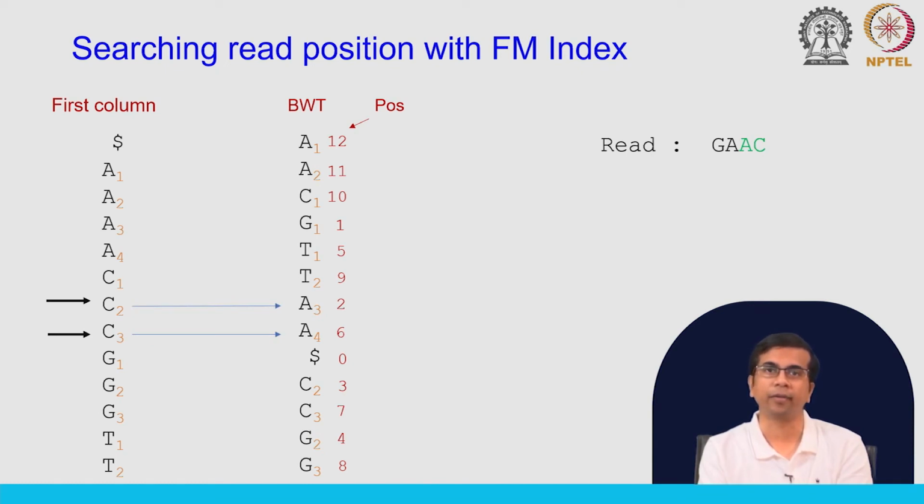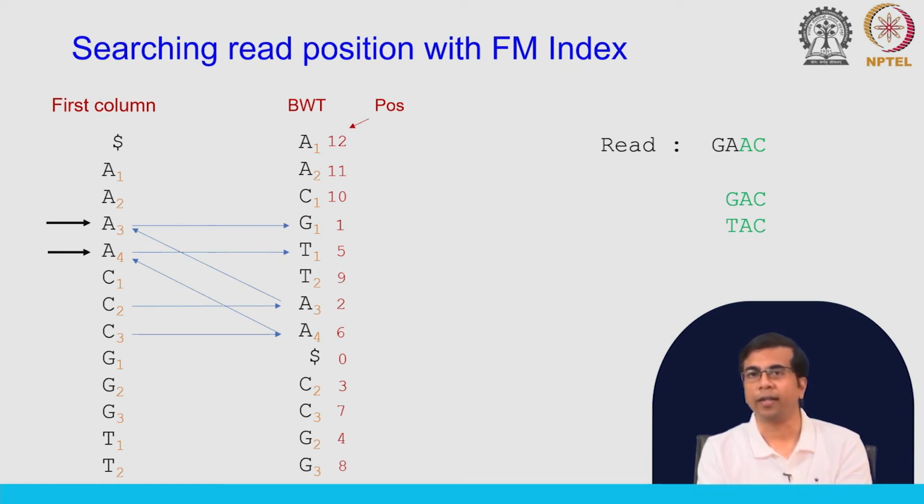So, we have A's and there are 2 matches now, and we use last first mapping, the pointers you can see now moving, and we have this A3 A4 in the first column, and then we look for the letter that occurs before these A's, and what we find is G or T, but in the read we do not have any G or T, we have A.